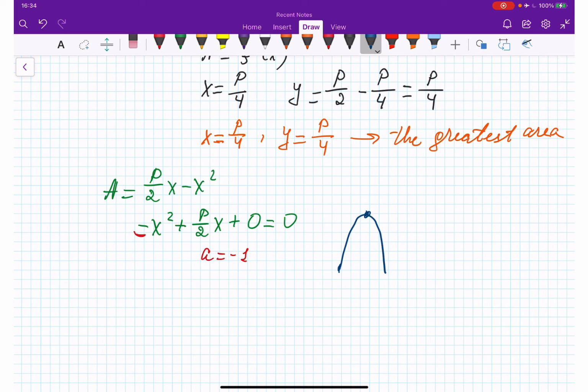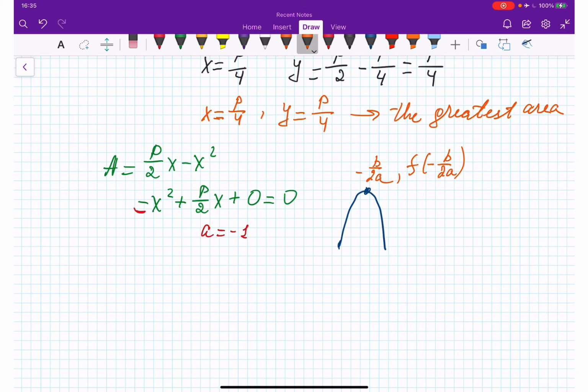For this type of equation, we know that for the vertex, the value of x is negative b over 2a, and y is going to be f of negative b over 2a. These are the values of our vertex, which is the maximum for a downward-going parabola.